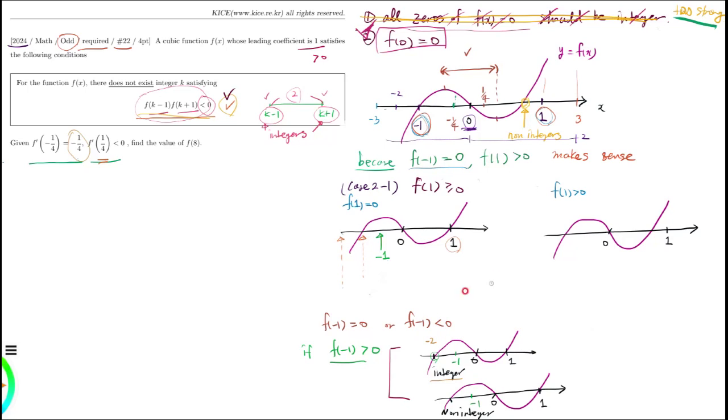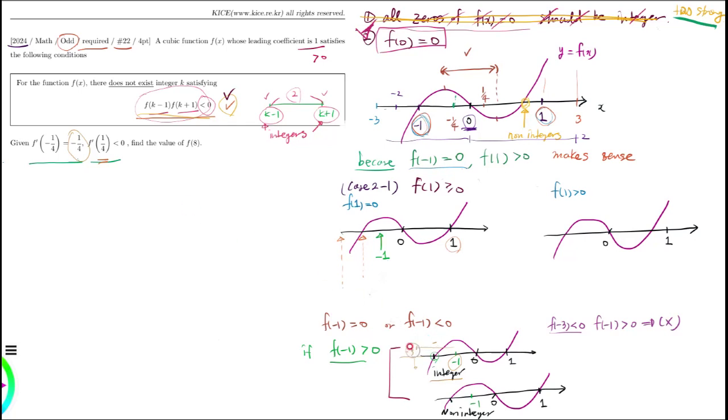If it is negative 2, then the partner for negative 1, which is negative 3, will have a negative value for f of negative 3, while f of negative 1 is positive. This does not make sense.